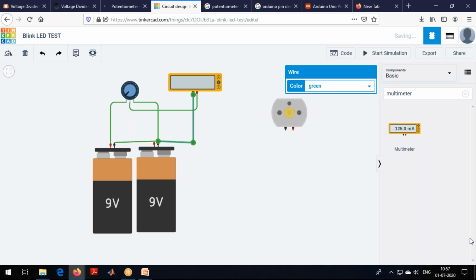Yeah, I'll talk about that. As of now, do you agree that both are the same?